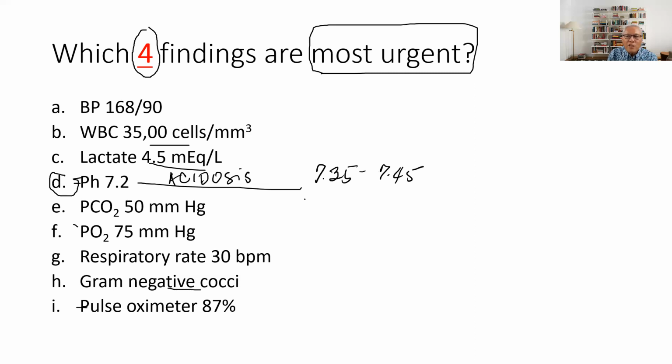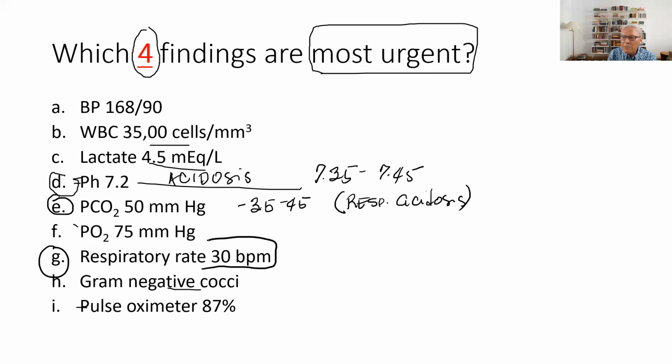Now, the other thing that's related to that is the PCO2. The PCO2 of 50, you remember that the normal PCO2 is anywhere from 35 to 45. So this manifests respiratory acidosis. And then, of course, it stands to reason that the respiratory rate is going to be severely abnormal.